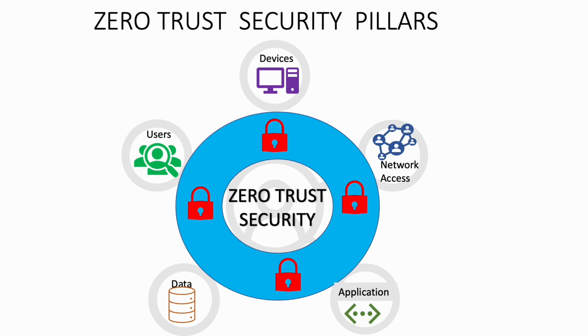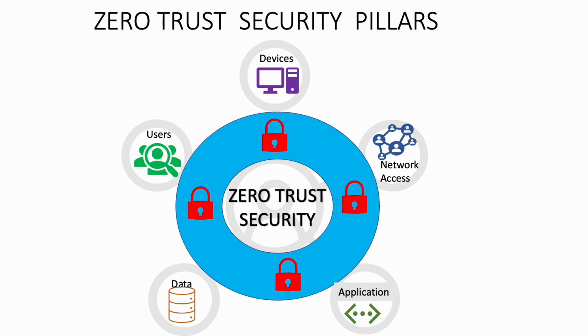Okay, now that we saw our security layers and also principles, let's see how we can apply some of these principles and how we can have a strategy in place for implementing zero trust security.